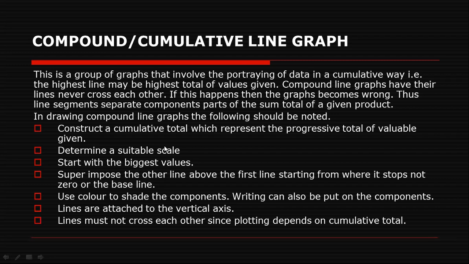In constructing a compound line graph or bar graph, you will need a cumulative total. You have to add up those totals to see how they move from one to another. That's what we are calling cumulative.